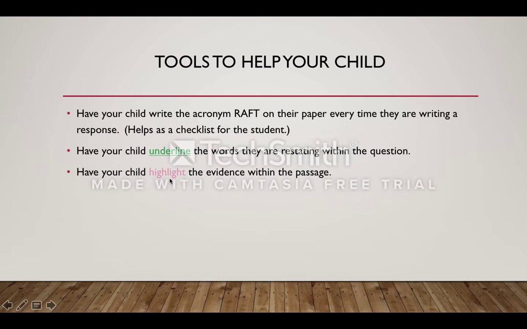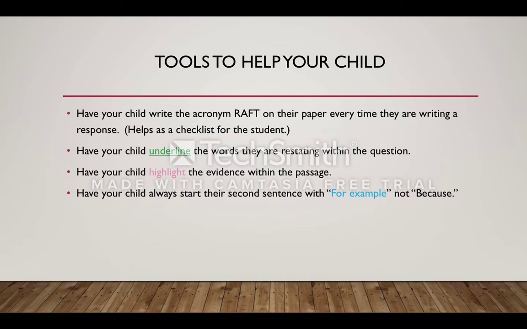The next component is to highlight the evidence within the passage, using highlighters or crayons or markers to color over where they found it within the passage. Have your child always start their second sentence with, for example. This automatically tells you that you have mastered and met the F component in RAFT.